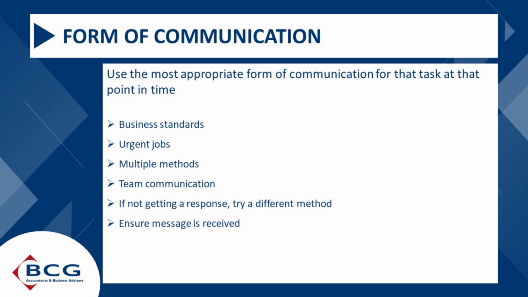Urgent jobs are another one where we have fallen down the path with communication. There are two things with urgent jobs. One is making sure the whole team is aware that it's an urgent job: admin, accountants, partners, managers, whoever else needs to know that this is an urgent job and it is coming. The other is making sure everyone's aware of what has happened in the past.